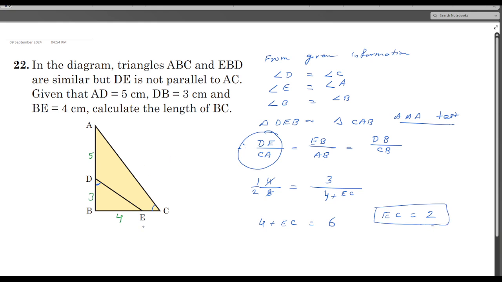Now I have to calculate BC. So your BC will be equal to 4 plus 2, which is equal to 6. So your length of BC is going to be 6 centimeter.